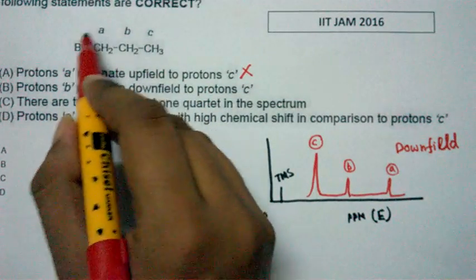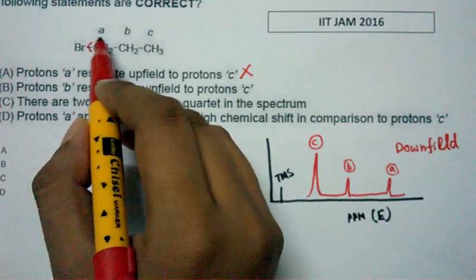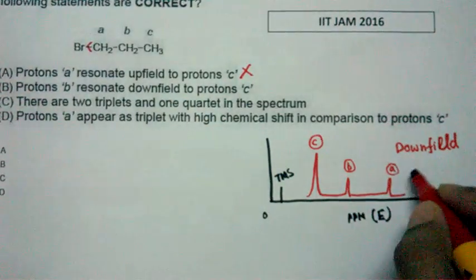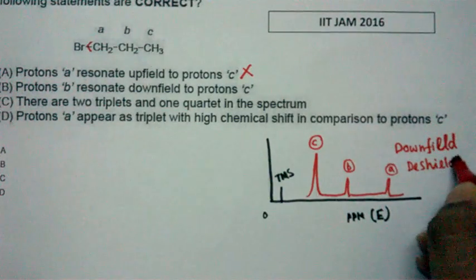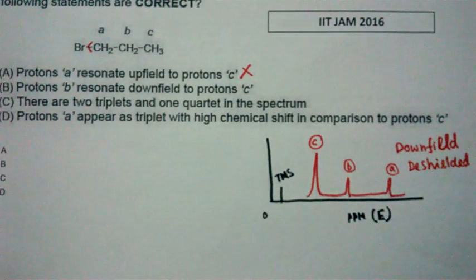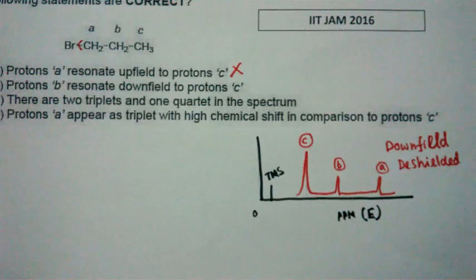So around this carbon there is a de-shielded environment, very important. When there is a de-shielded environment around any atom, the peak corresponding to it would be a downfield peak. That is why we get the most downfield peak for A.